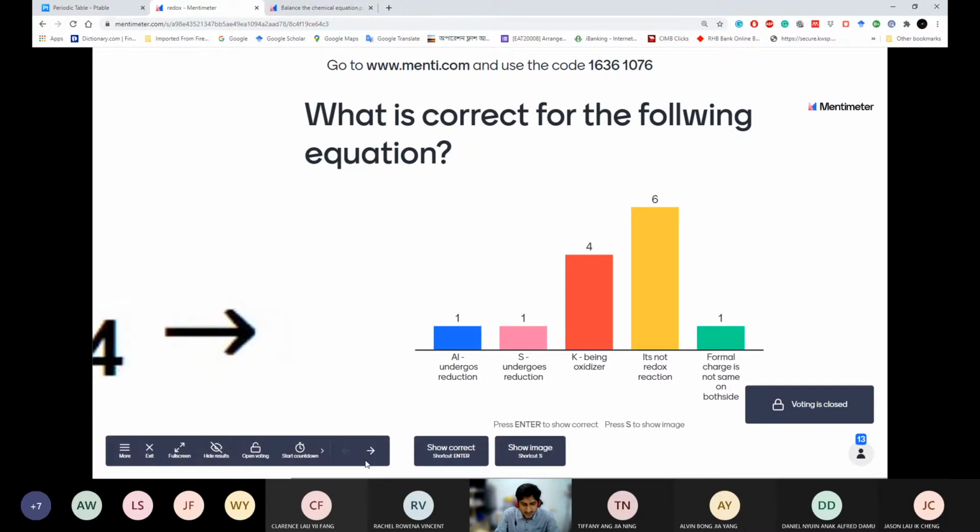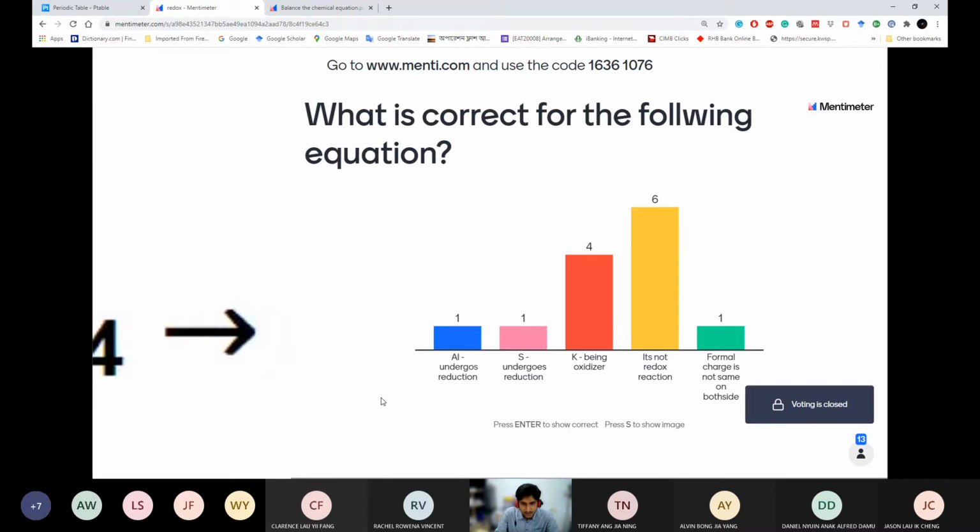K being oxidizer. An oxidizing agent is what gets reduced itself. I don't know, it's a good example. If I have a few pens with me, right? I have 1, 2, 3, 4, 5, 6. 4 pens I have now.